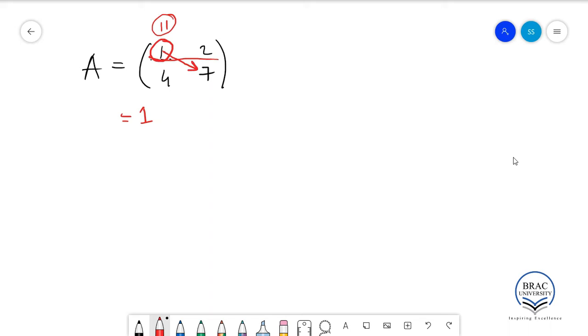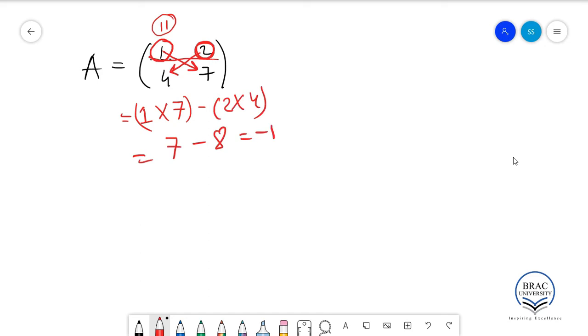This is 7, and you multiply them. Then you put a minus sign. The reason for the minus sign will be explained in a few seconds. You have 2, and then you look across diagonally and you see 4. So you write 2 times 4. If you evaluate it, this is just minus 1.